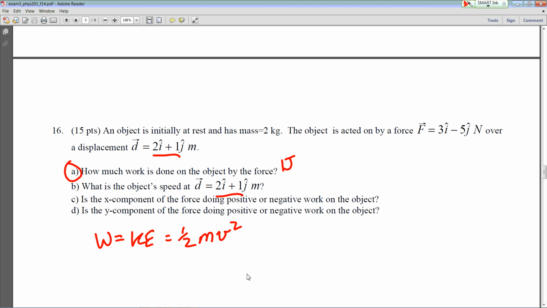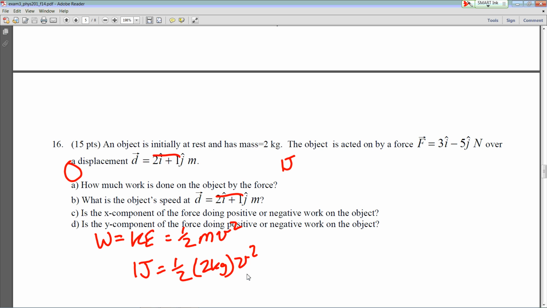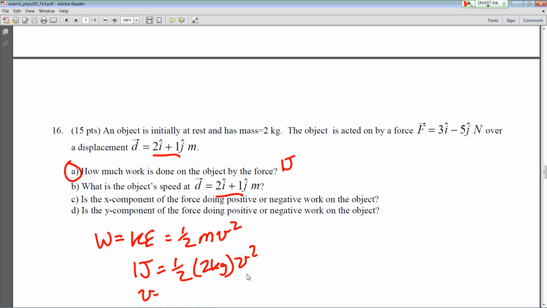So if I want to know the speed, I just say 1 joule equals 1/2 of m, which is 2 kilograms, times v squared. So v was equal to 1. Because whatever work you're doing is changing the energy of the object. And here you're doing positive work, which causes the energy to increase. It all goes into kinetic energy, which is 1 meter per second for this 2 kilogram object.